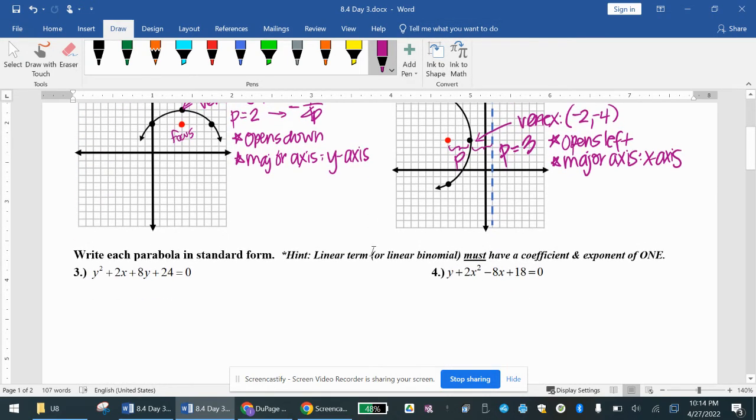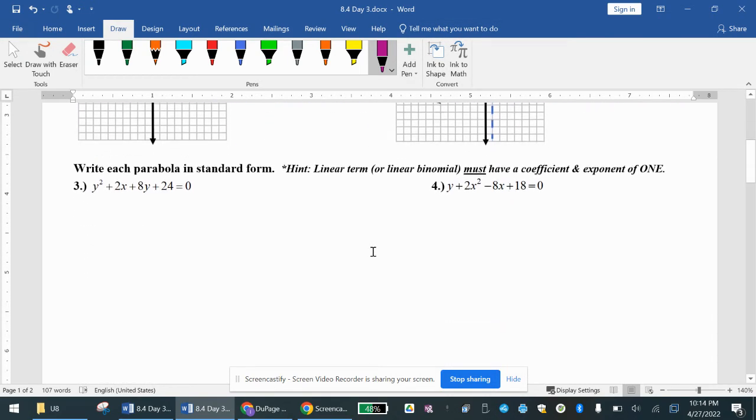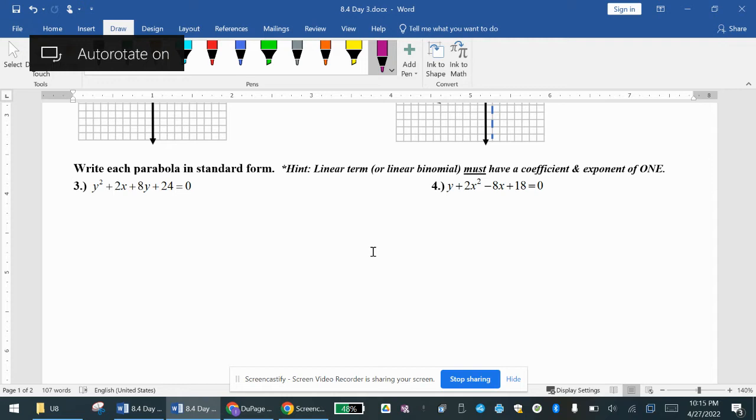Now we're going to take a look at how you can complete the square to write the equations in standard form for parabolas. The main thing you have to remember is you want the quadratic terms on one side and the linear terms on the other, essentially all the y's on one side and all the x's on the other.